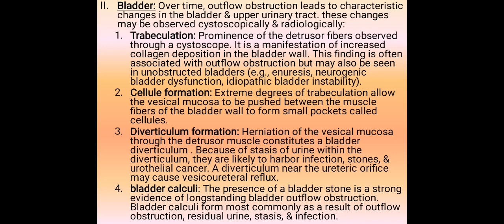It is a manifestation of increased collagen deposition of the bladder wall. This finding is often associated with outflow obstruction, but may also be seen in unobstructed bladder, for example, in patients with enuresis, neurogenic bladder dysfunction, and idiopathic bladder instability. And as I said, during cystoscopic examination, the interior of the bladder will appear trabeculated.